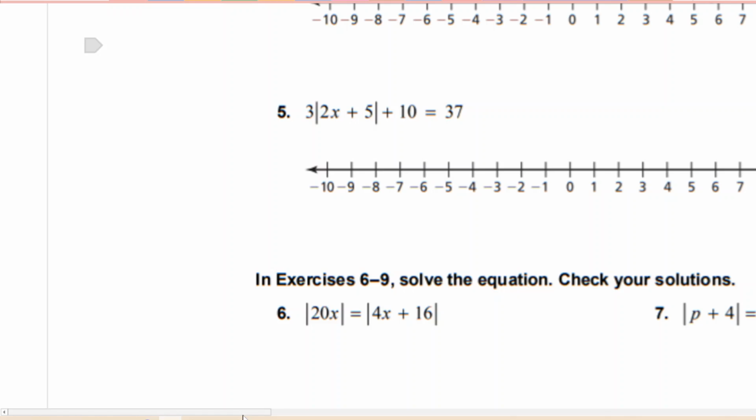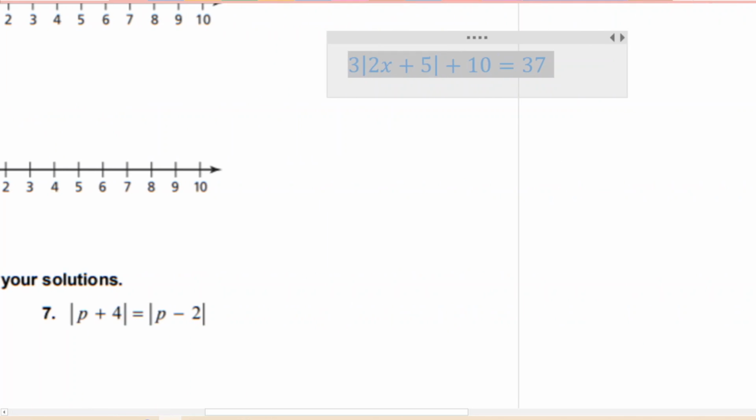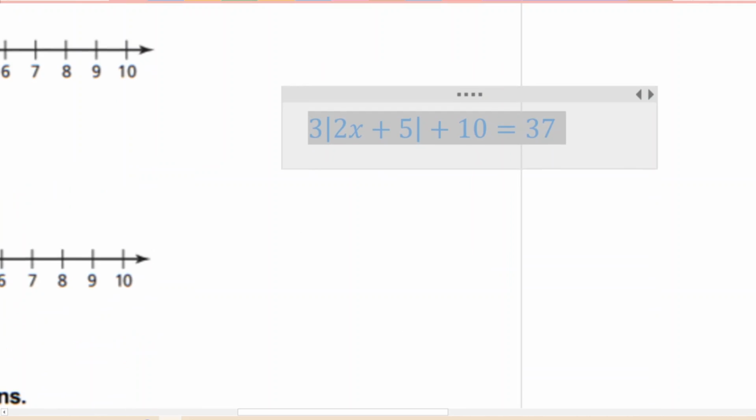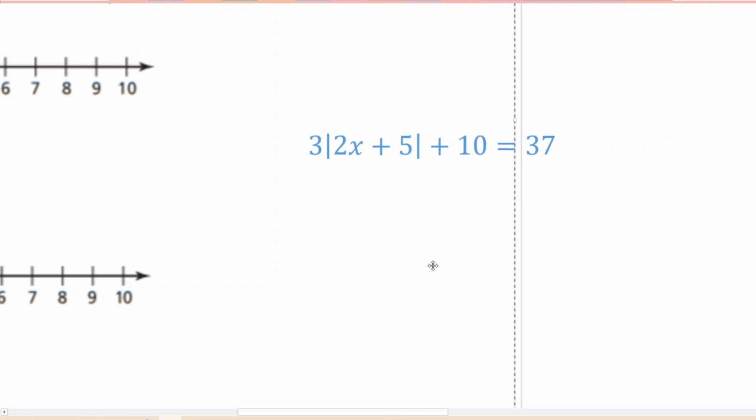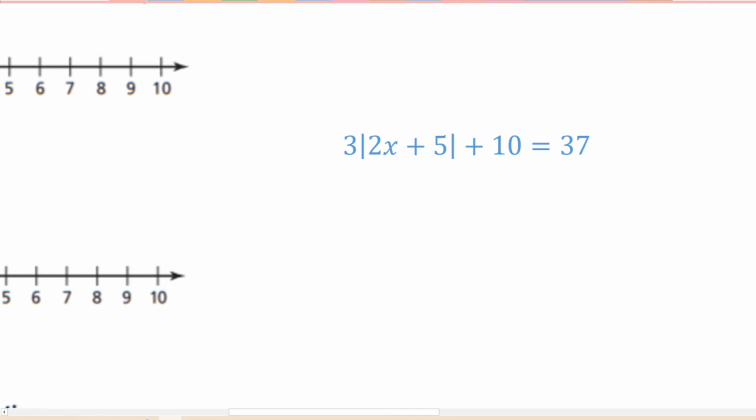Okay, taking a look at the side where I have rewritten it again, just zoom in. We've got 3 times the absolute value of 2x plus 5 plus 10 equals 37. And the key for this one is let's pretend that the absolute value is our variable. Okay, we're going to solve for that.